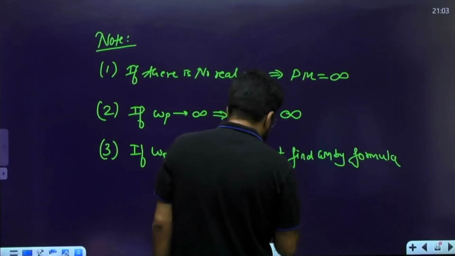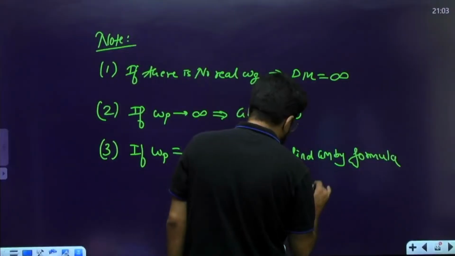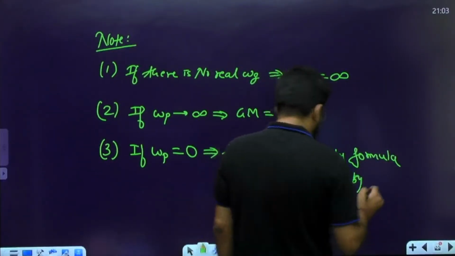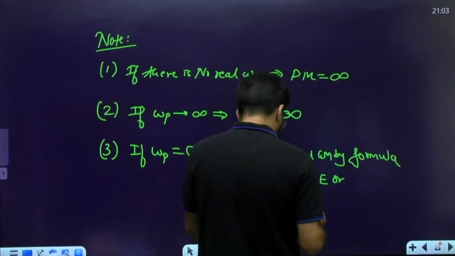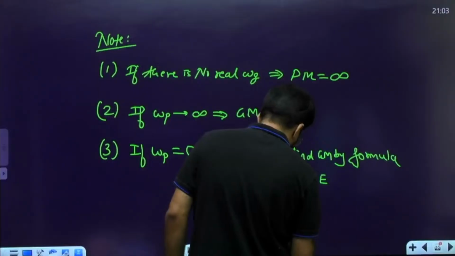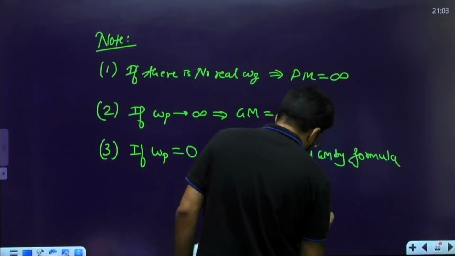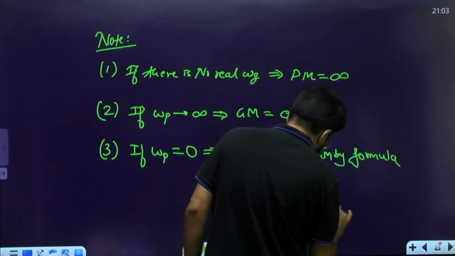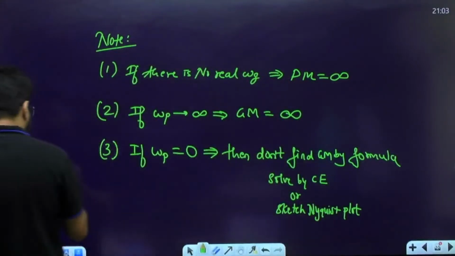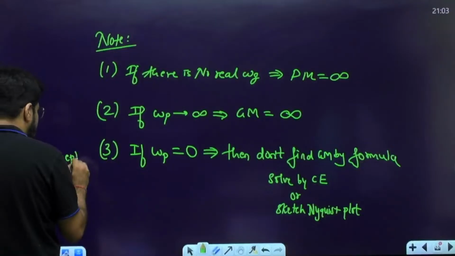So how do you solve it? You have to solve by characteristic equation, or sketch the Nyquist plot. Point number 3 is more like an exception.